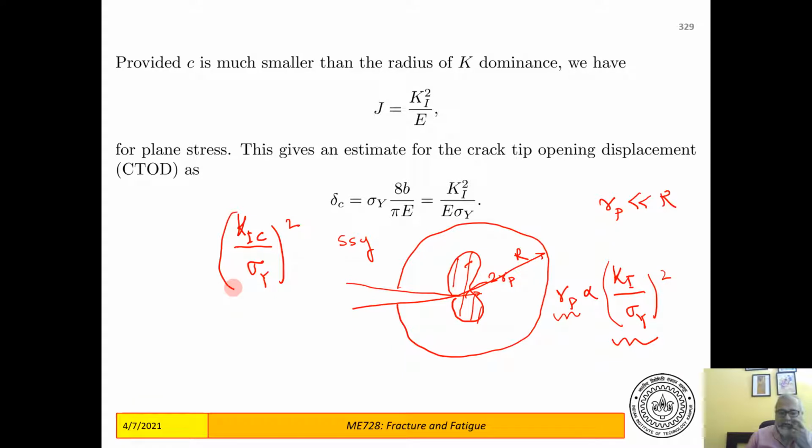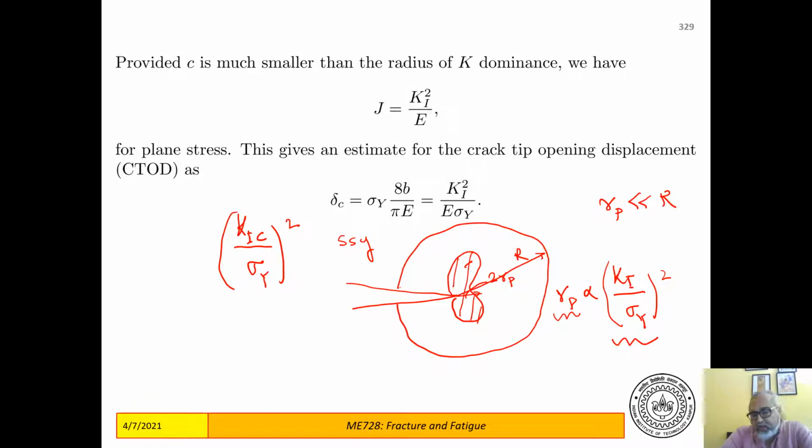So this is the plastic zone size at the point of crack initiation. Now, if this is too large, then obviously the linear elastic fracture mechanics concepts that you have applied are not valid, and therefore you don't have a proper K1C in place.